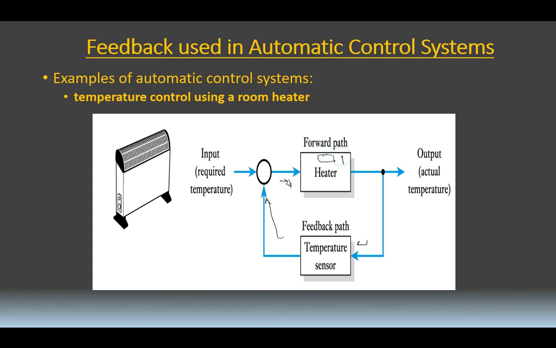It will not allow the temperature to increase above the level, so that the equipment will remain safe. Similarly, geyser, you have seen, even if you keep the geyser switched on 24/7, the geyser will not be affected. But of course, in the long run, its performance will decrease. But once in a while, if it happens, you need not get tense because it automatically takes care.